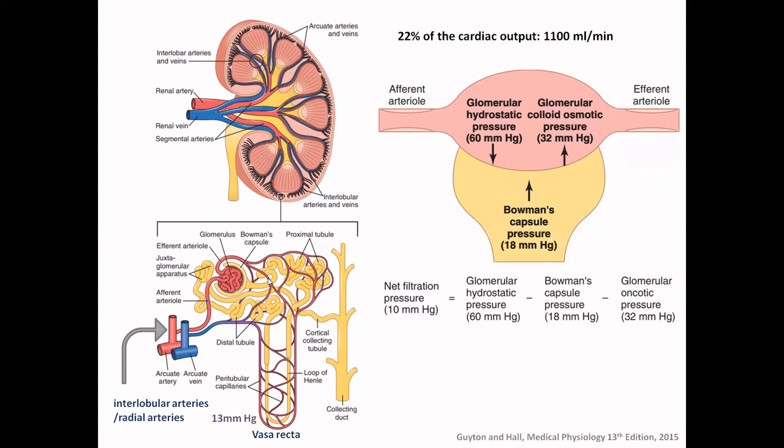So this is the way the filtrate from the glomerulus moves to the renal pelvis, then to the ureter. And in this Bowman capsule, how the blood plasma is filtered is discussed here.